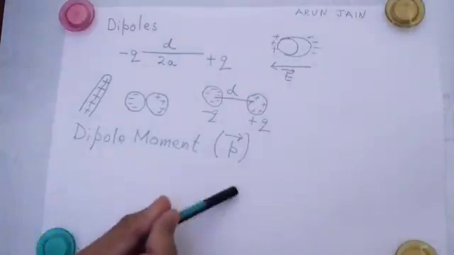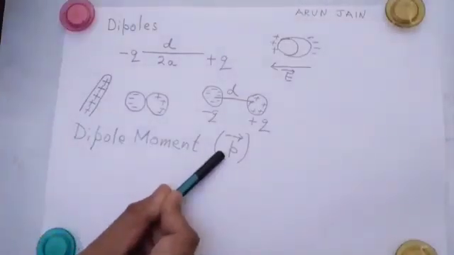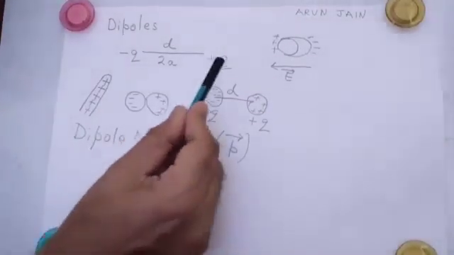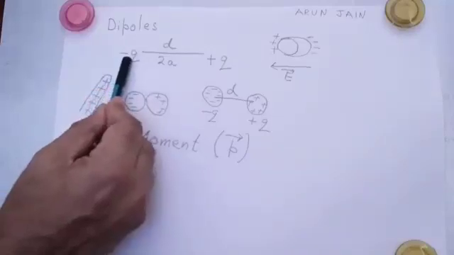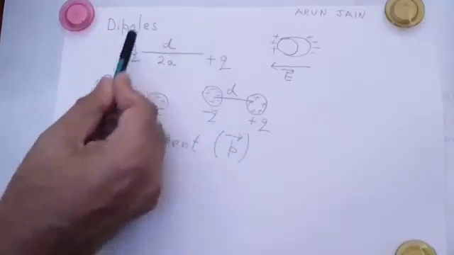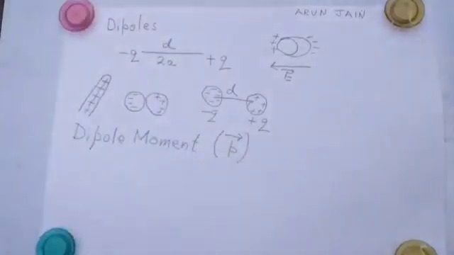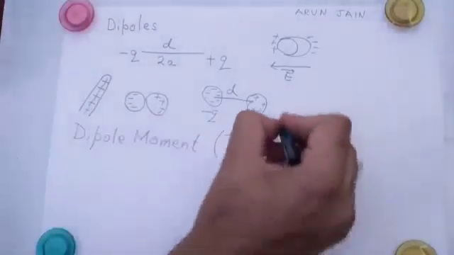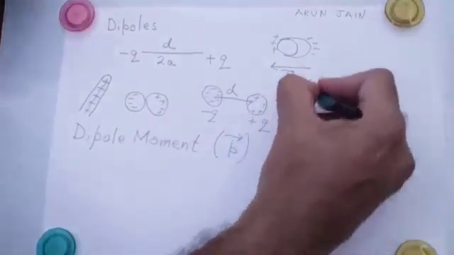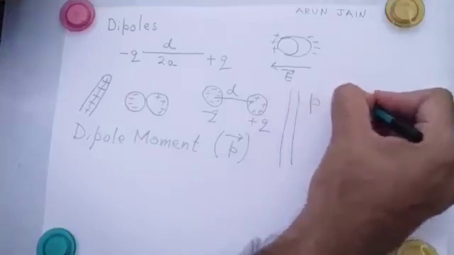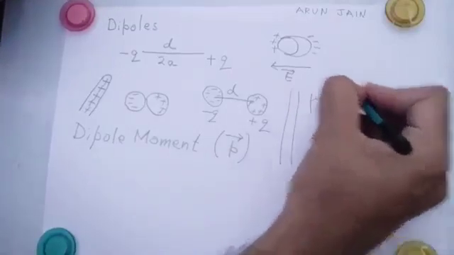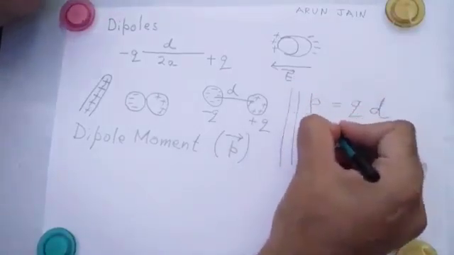And the magnitude of this dipole moment is equal to the product of the magnitude of either charge, both charges being the same magnitude, multiplied by the distance between them. So this dipole moment P will be Q into d. And if you call d as 2a, this will become Q into 2a.